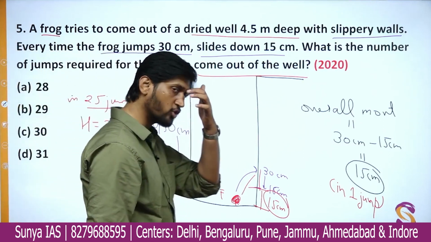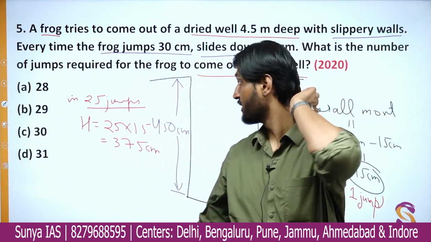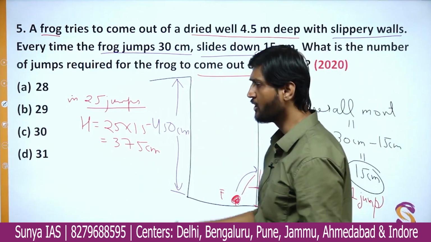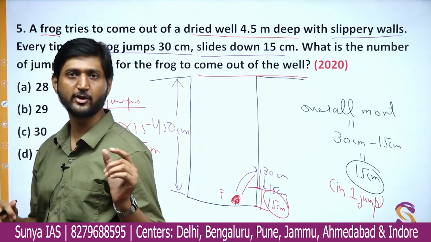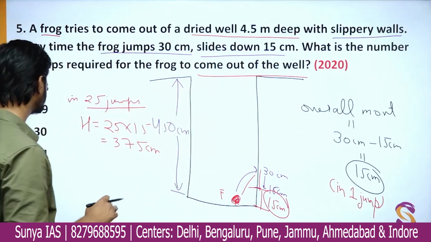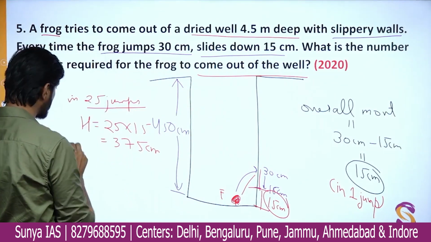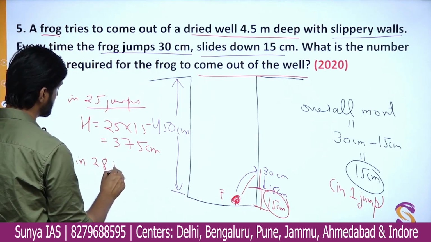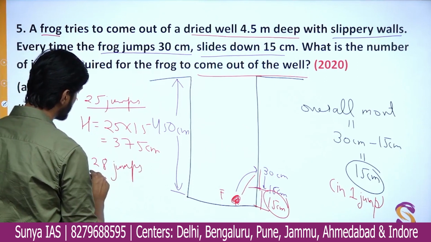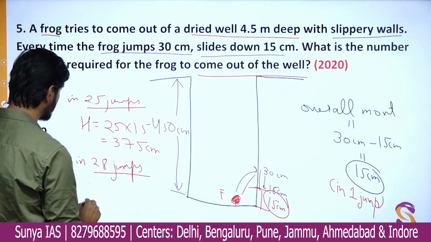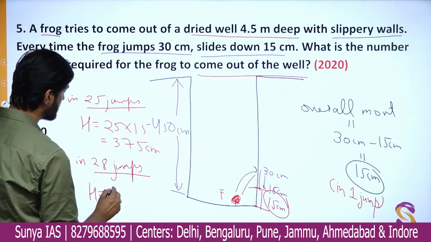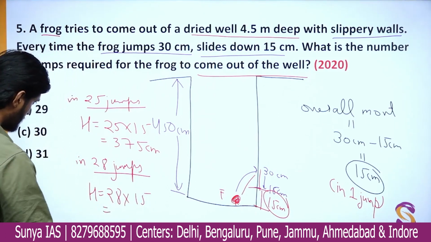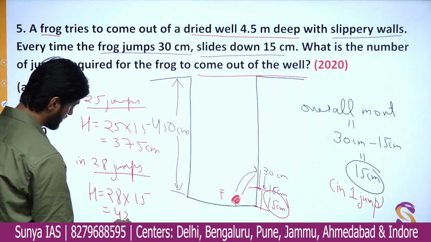So we are getting closer and closer to the height which he needs to jump out of, which is 450 centimeters. So we will now try values which have a smaller gap. Instead of 30, let us try with just 28. So let us take 28 jumps. In case of 28 jumps, the height covered will be 28 into 15, and the value comes out to be 420 centimeters.